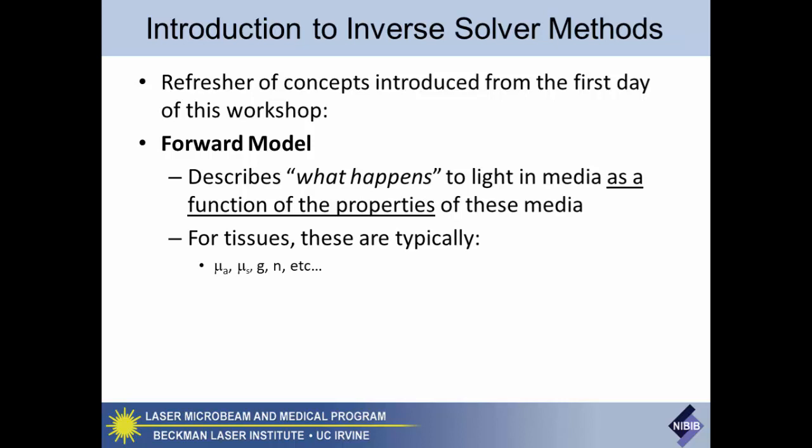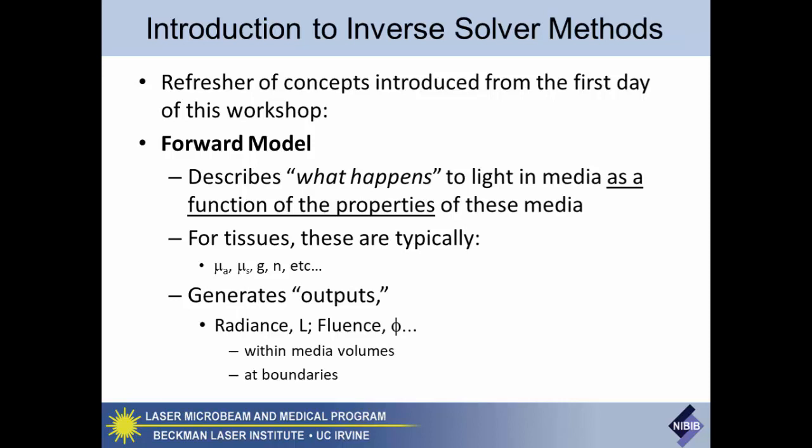Typically, for the majority of the lectures here, the properties of media that we are interested in are mu sub a, mu sub s, so absorption, scattering, the anisotropy, and index of refraction. There could be other more subtle things, but primarily a lot of these techniques are geared towards diffuse reflectance, describing it in terms of scattering and absorption.